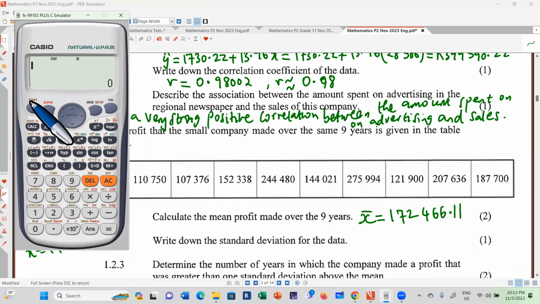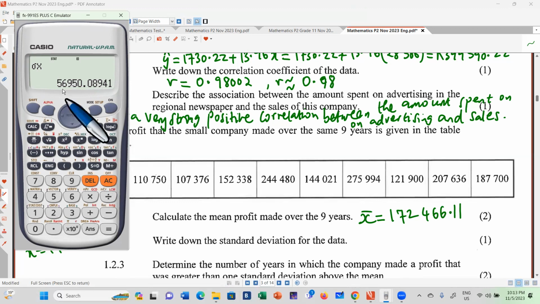So we do shift 1, which is STAT on top. Then we're looking for the variance calculation. So we actually press the number 4. And then the standard deviation is noted as number 3 here on the calculator with this lowercase sigma x. We press the 3 and we press an equal sign.